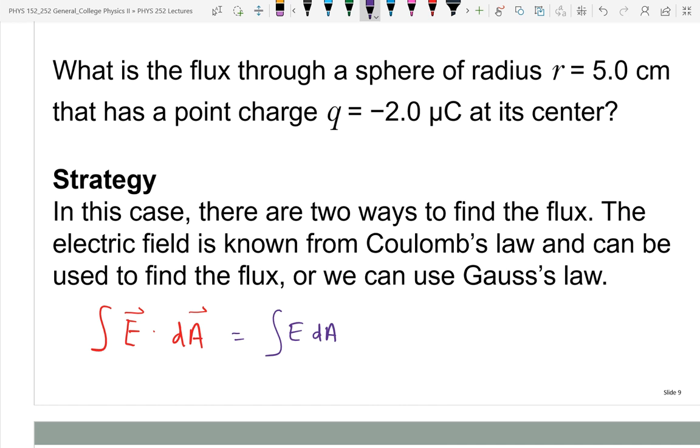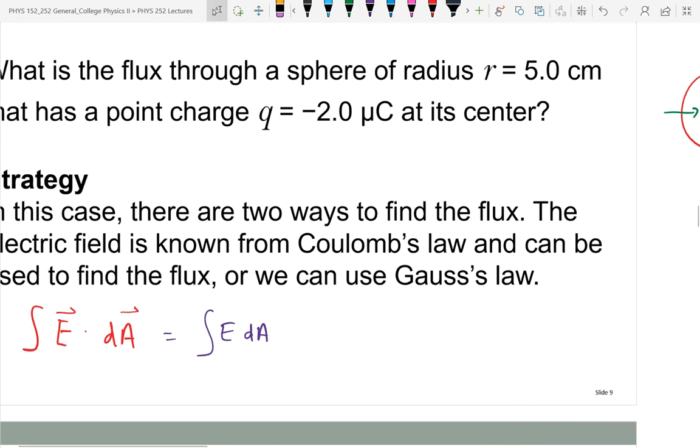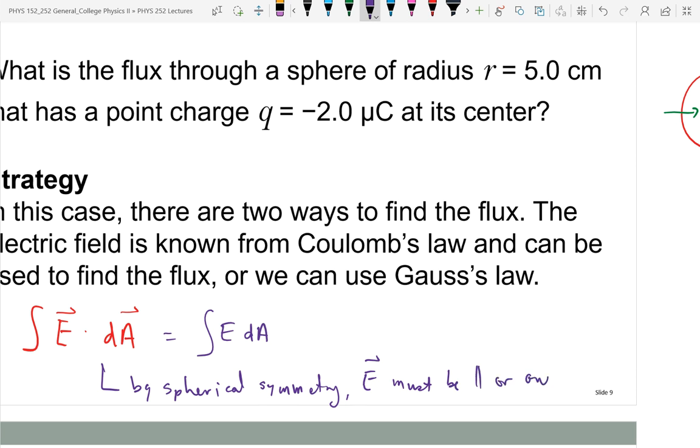So electric field times dA, because the angles between the two are 0 or 180. But then I have my second symmetry argument. So this was based on spherical symmetry: parallel or anti-parallel to dA. So that was my assumption number one.